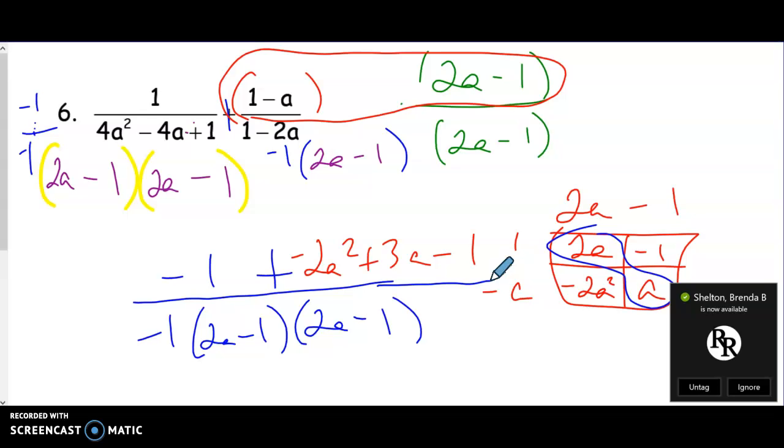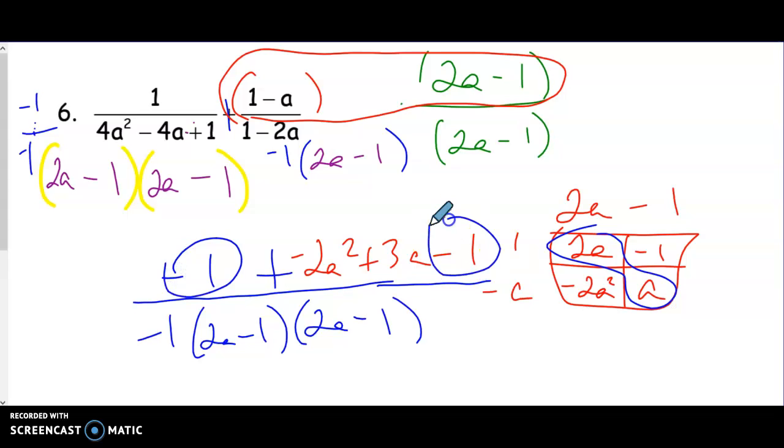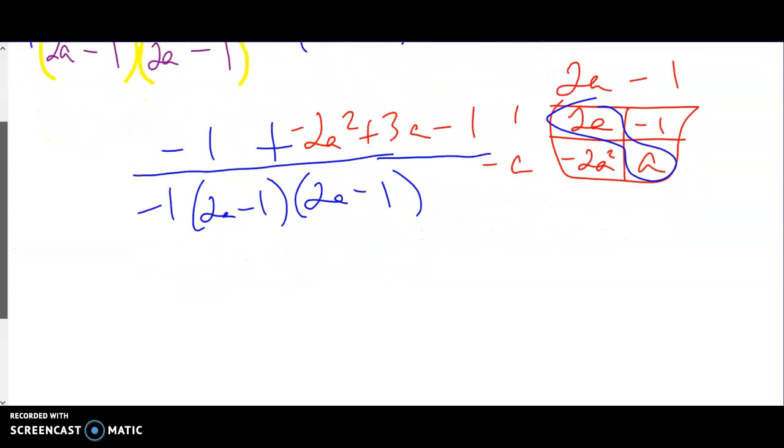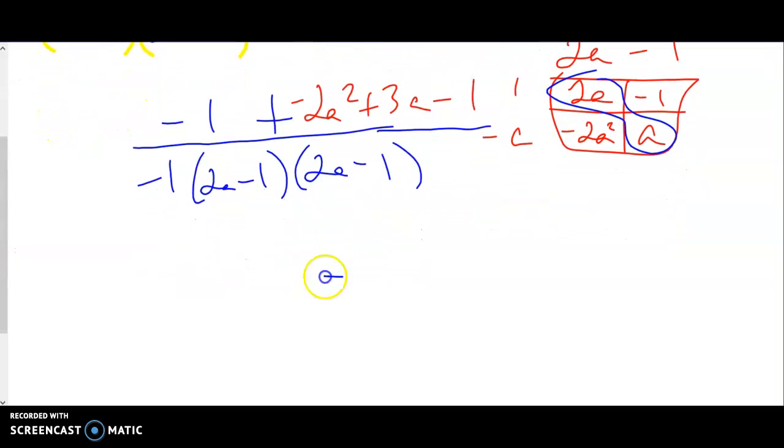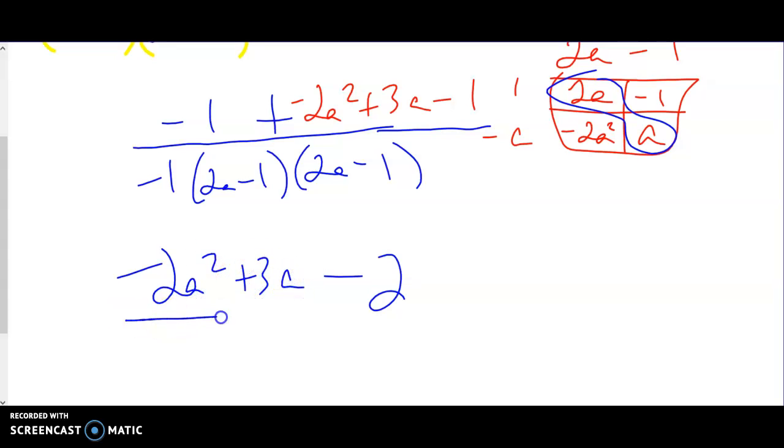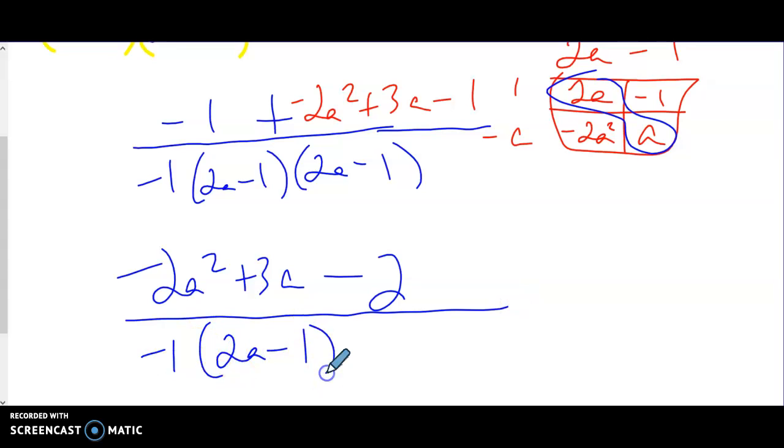So the only things that do match up are this negative 1 minus 1. So together, that'll end up being negative 2. Let's bring down the rest. Just going to put that squared for now.